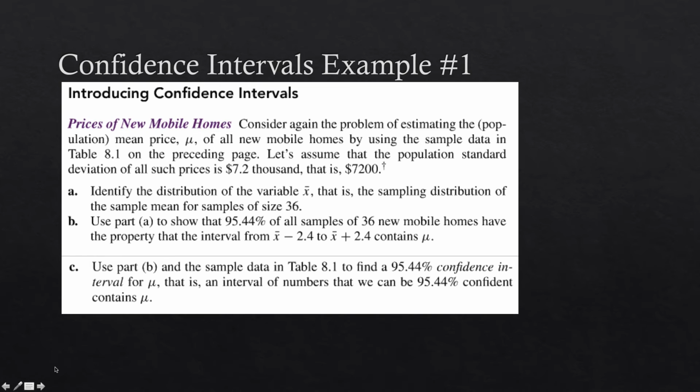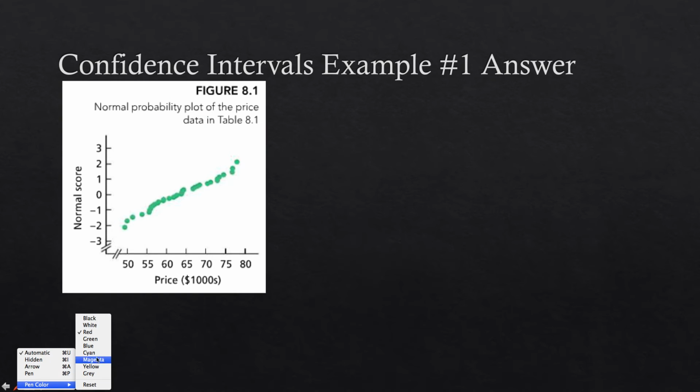Now let's go back and look at letter B. Use part A to show that 95.44% of all samples of 36 new mobile homes have the property that the interval from x bar minus 2.4 to x bar plus 2.4 contains the mean. So basically what that's saying is we want to prove that this is true.